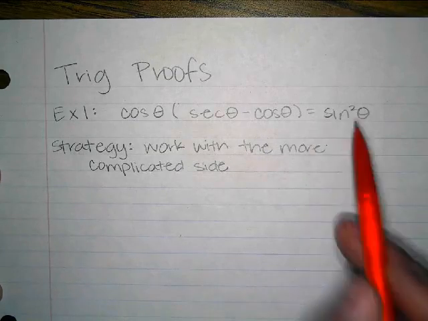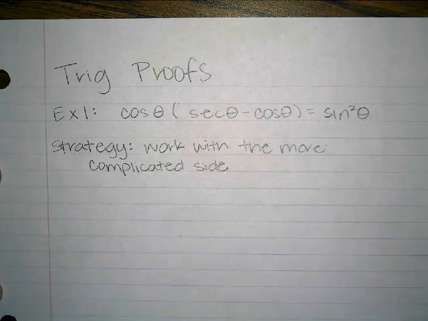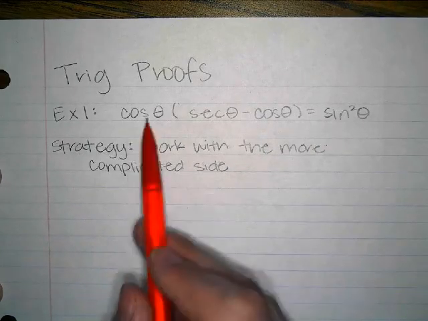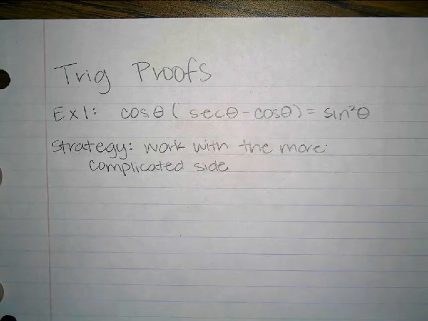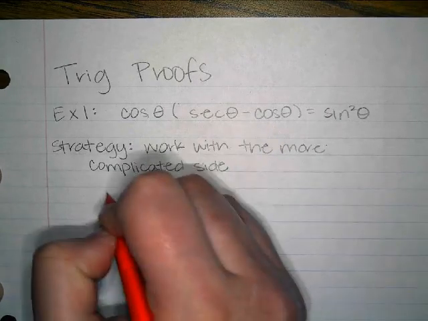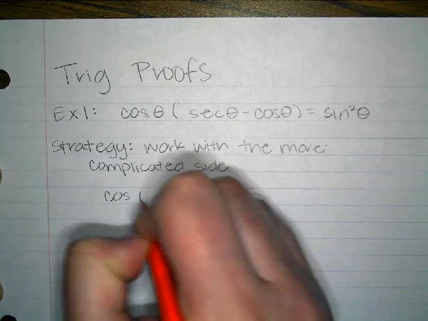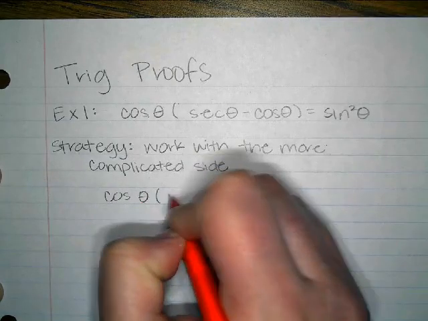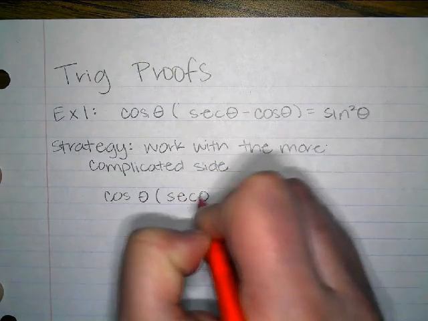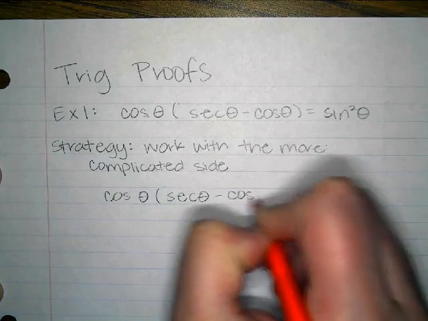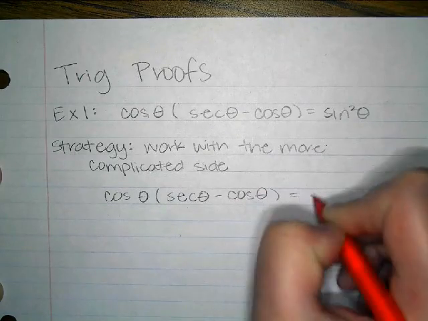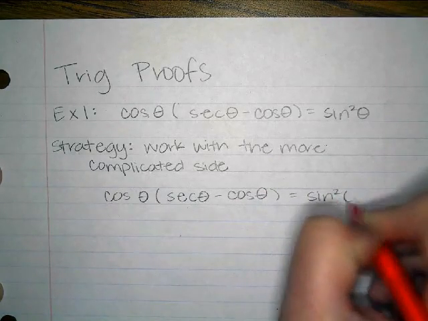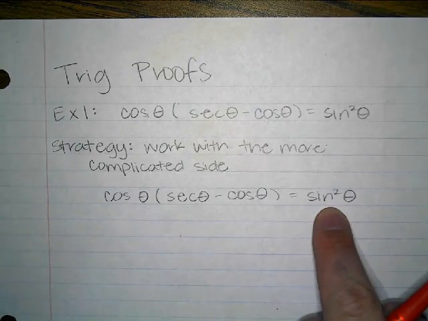So I'm going to start by rewriting the problem: cos theta times secant theta minus cos theta equals sine squared theta. Sine squared theta is the answer that we are trying to get to. That is our goal. So if we go back over here, what do you guys think we should do to start this problem?